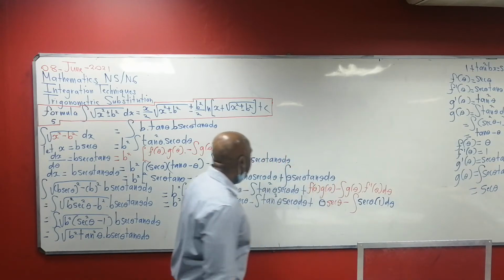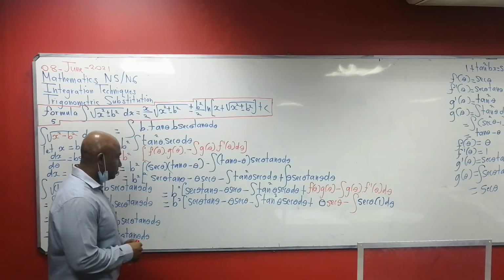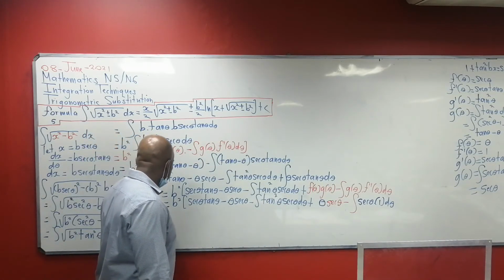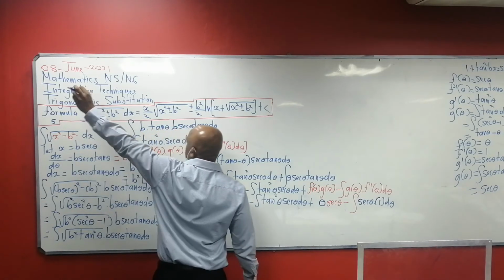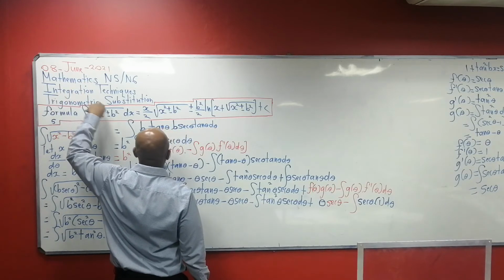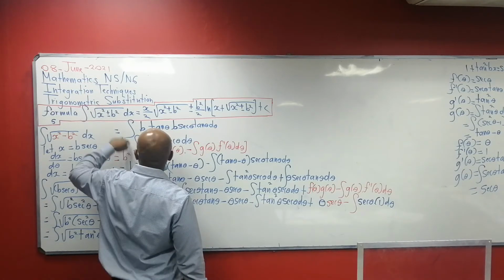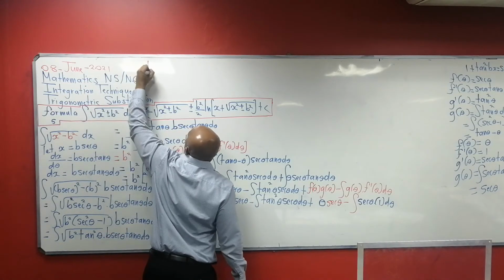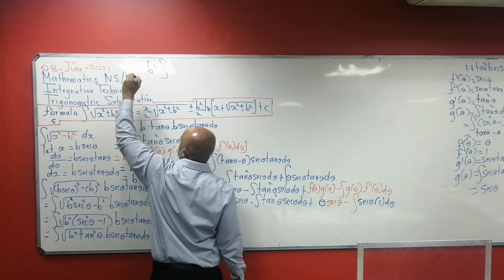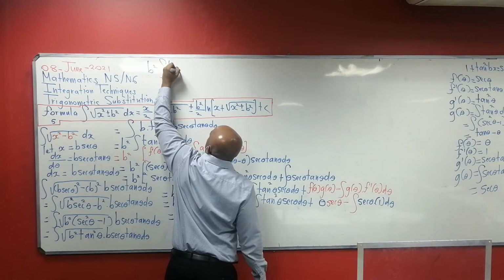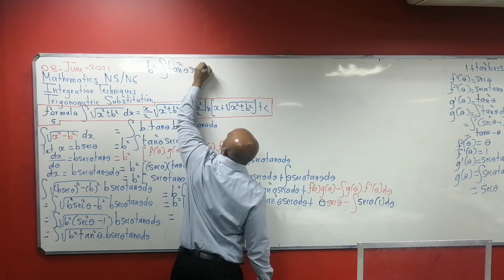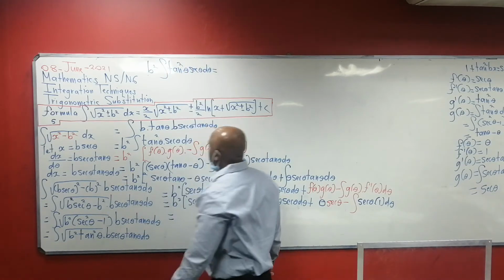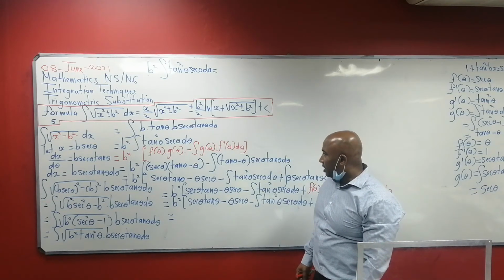Okay, now let's see what happens. Let me write this on the top here now. So what did I have originally here? This is it. So I got b squared times the integral of tan squared theta sec theta d theta is equal to, where am I copying from this side?